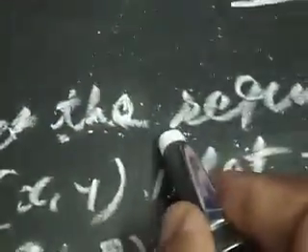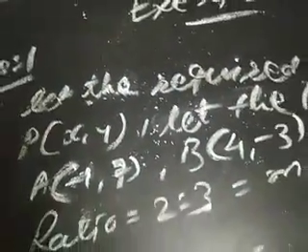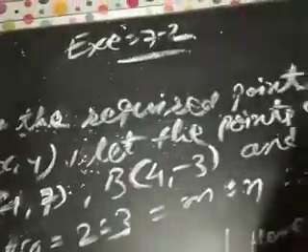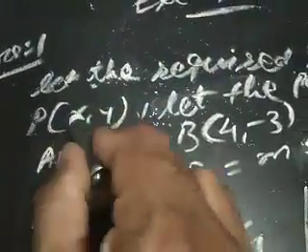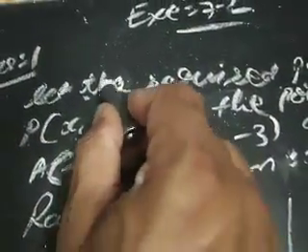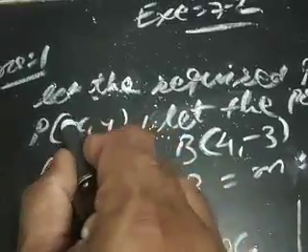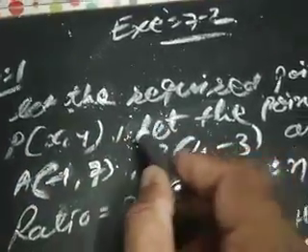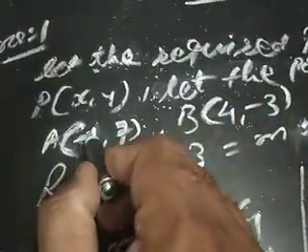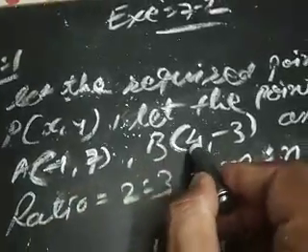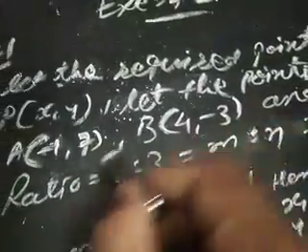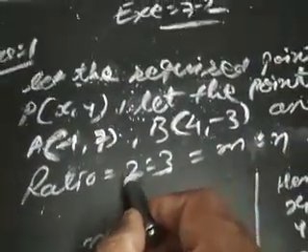Okay, so now here you see, answer 1. Let the required point be P(x, y), whichever point we require, its x coordinate and y coordinate. Let the points be A(-1, 7) and B(4, -3), and the ratio is given here 2:3.